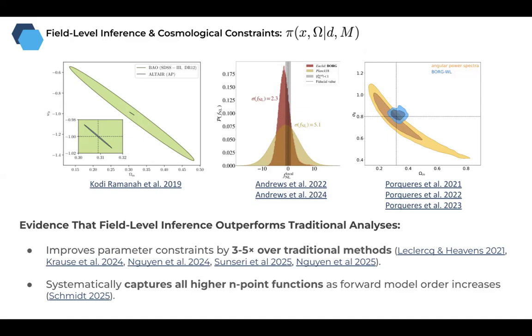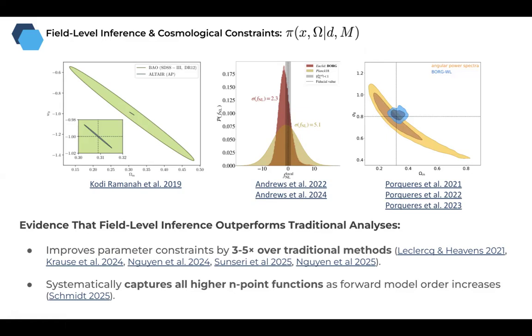It's an interesting question where this additional information comes from, and there have been a variety of different studies. One of these was recently done by Fabian Schmidt, and he was able to show that by using a field-level inference approach, you systematically use all higher-order n-point functions, and it's only limited by the order of your physics forward simulator.